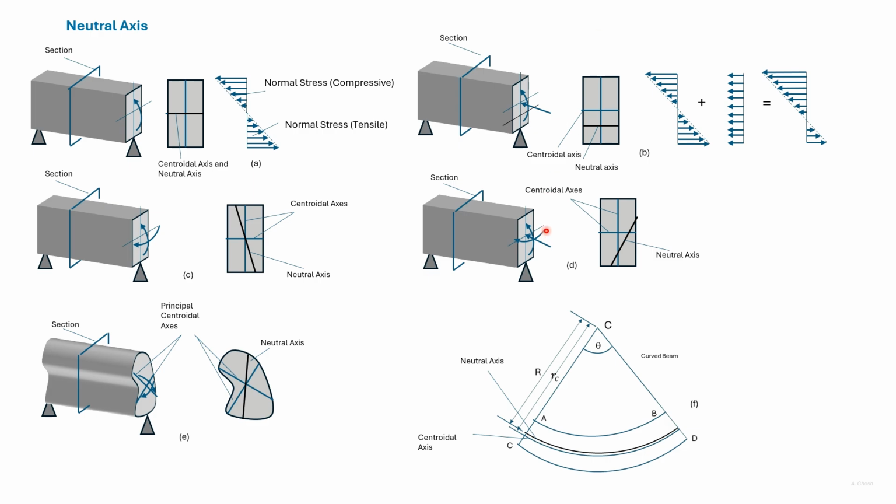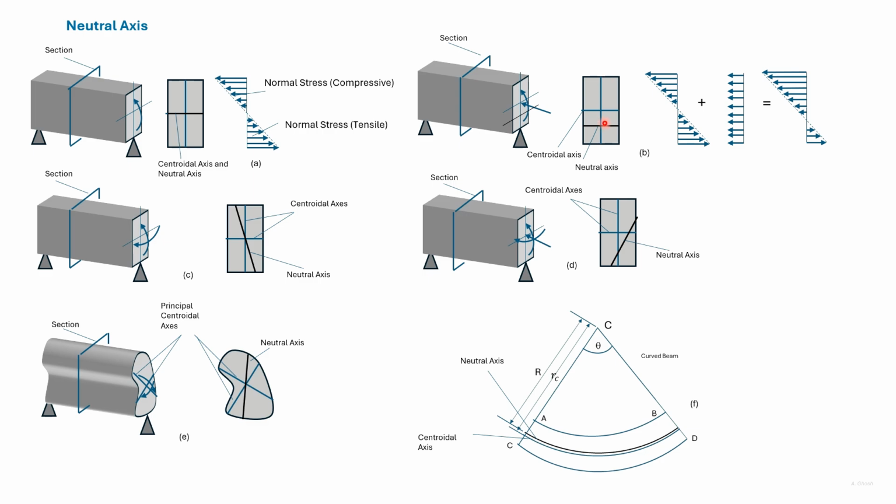Here we have moments about both the axes of symmetry and axial load acting. If we consider a section here, then the stresses acting will have a line of zero stress, the neutral axis, as shown. It is both inclined to the axis of symmetry and does not pass through the centroid.